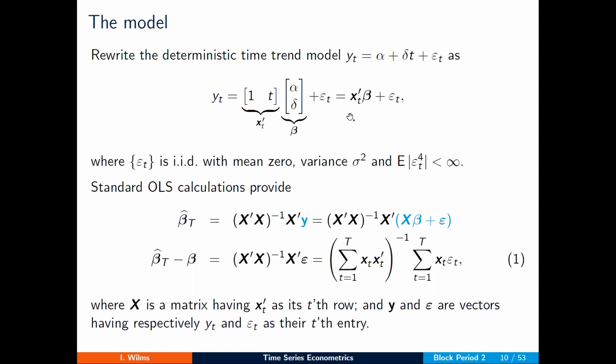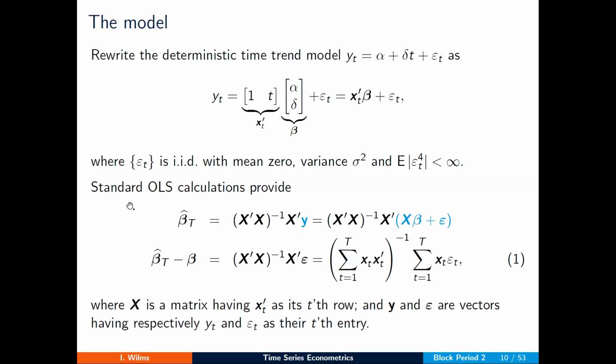As said before, I will work with IID errors for now, and also assume that the errors are bounded. Now, why is this popping up? Well, you will see that you need this boundedness in the central limit theorem that you will make use of in your tutorials.